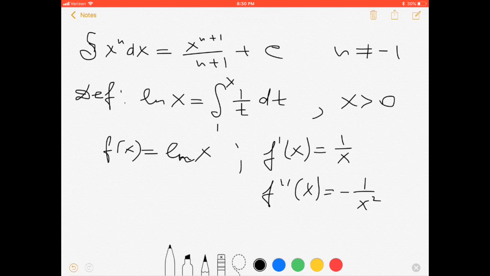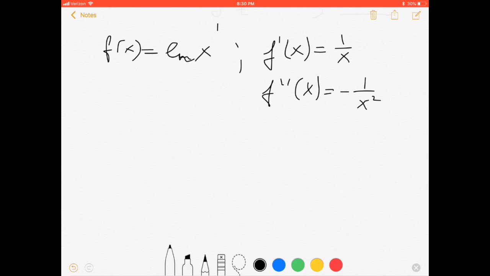Because x is positive by our definition, the first derivative is positive. This means the function is increasing. And the second derivative is always negative. This tells us what kind of concavity we have.